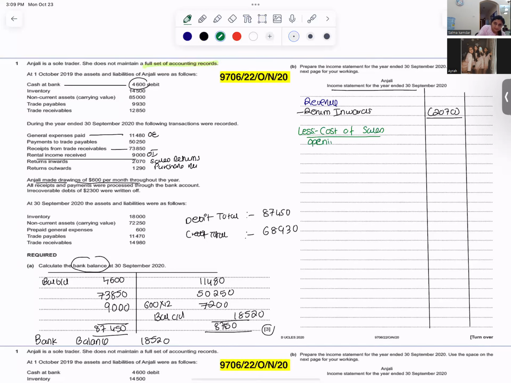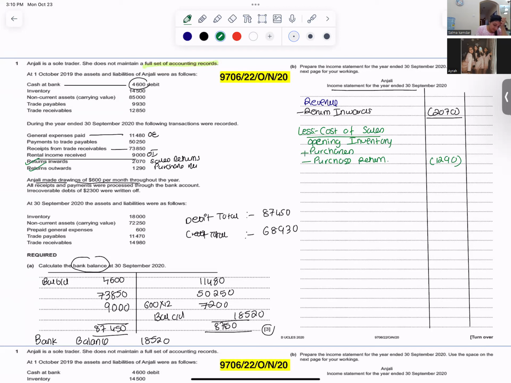In that, what will I write? Purchases. Opening inventory, add purchases, minus the purchase return. What is the purchase return? 1290. Purchase return is 1290. Okay, fine. So this is done.